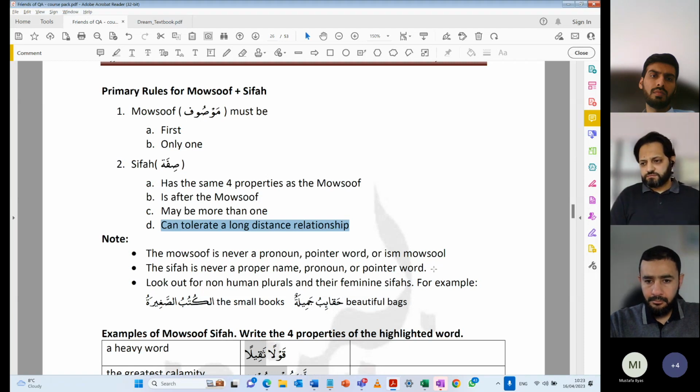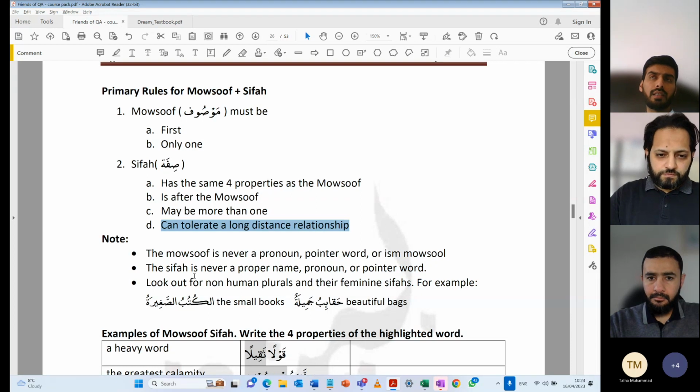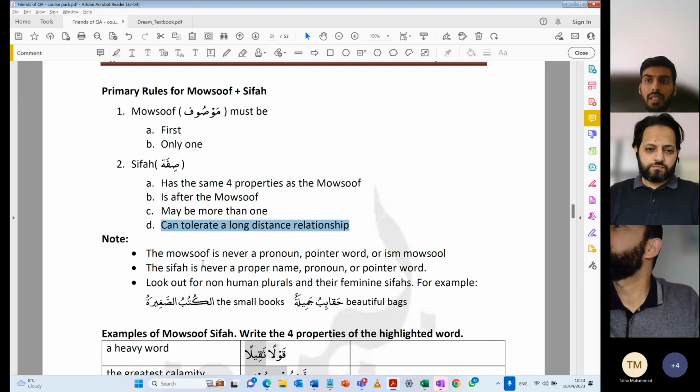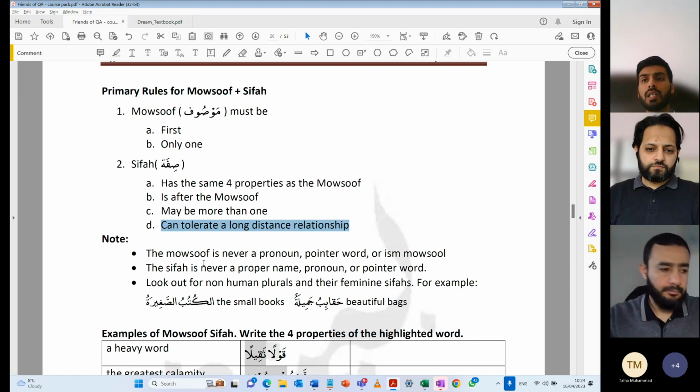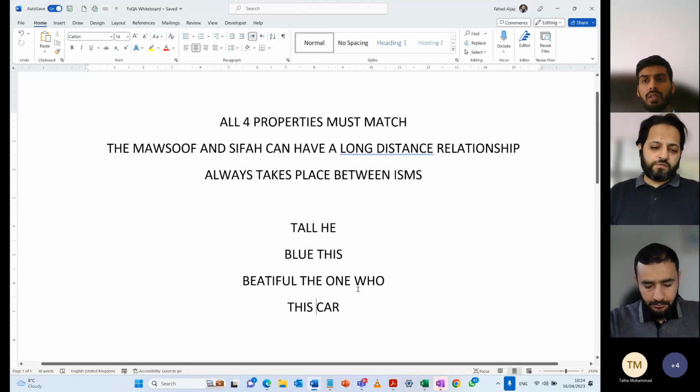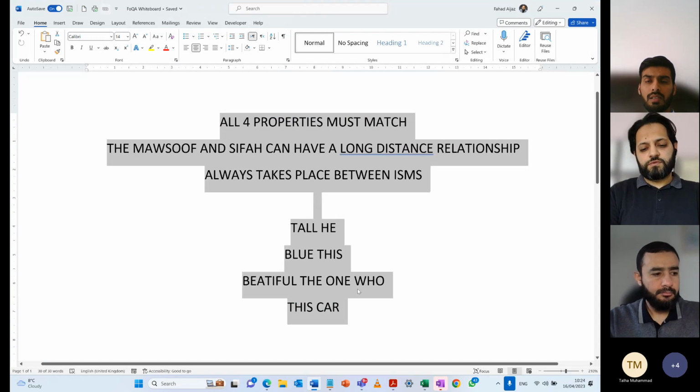Is this clear? When we do practice, inshallah, things will become clearer. Yes. Okay? First one, Mawsoof, only one. What do you mean by that? Like, for example, if we are trying to describe two people, we have to describe them separately. Like, for example, Ali and Ahmad are tall. Yes.